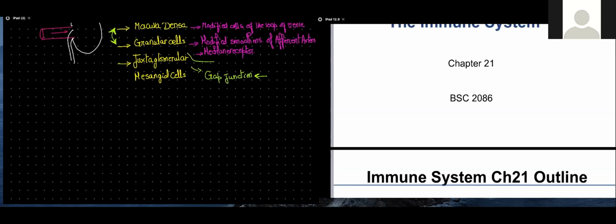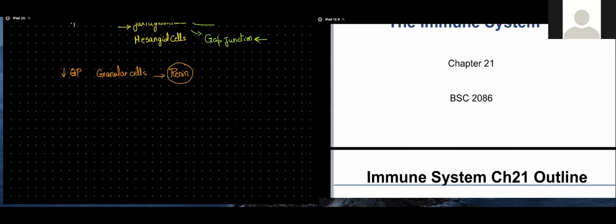Granular cells, as they detect a reduction in the blood pressure, are the ones that will be responding by releasing their granular content out into the bloodstream. And if you remember, the granules inside the granular cells contained renin.